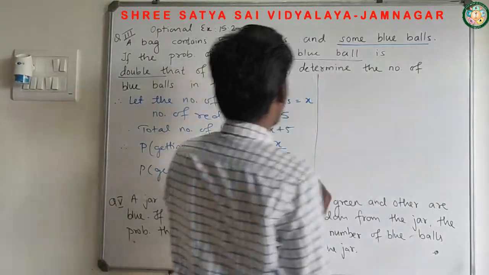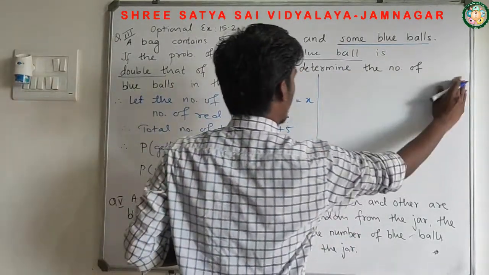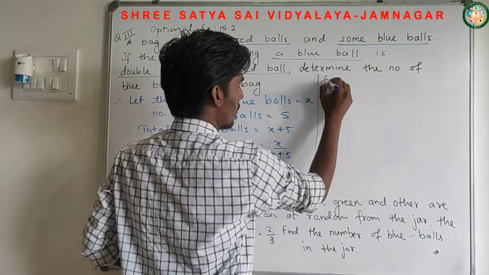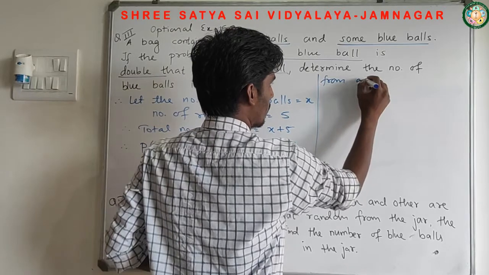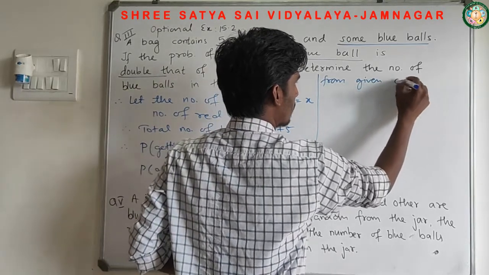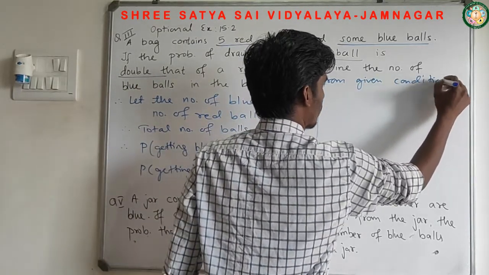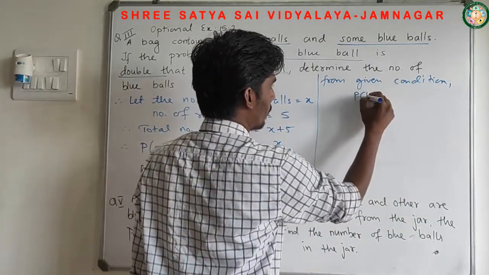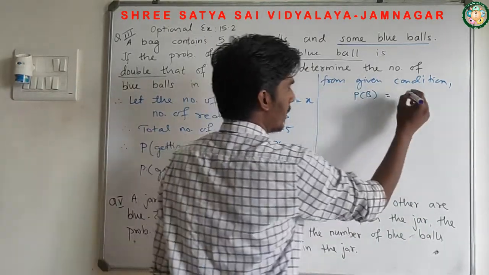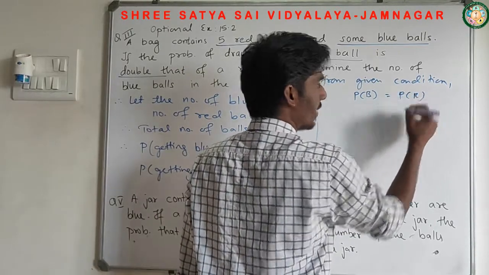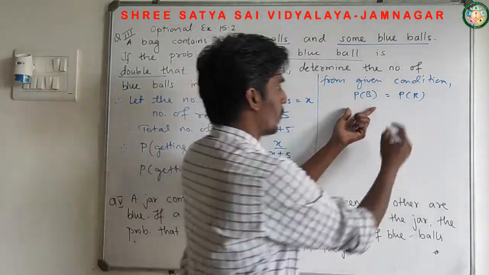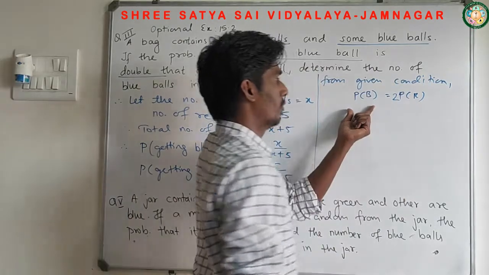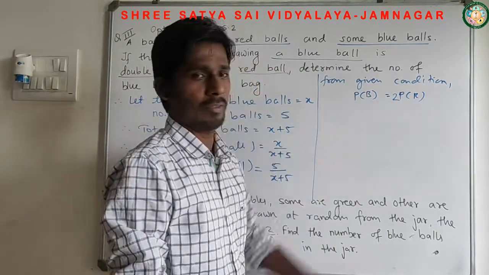So let's add the equation from the given condition: probability of blue balls and probability of red balls. This is twice, so I am going to multiply here 2 times the probability of red balls.